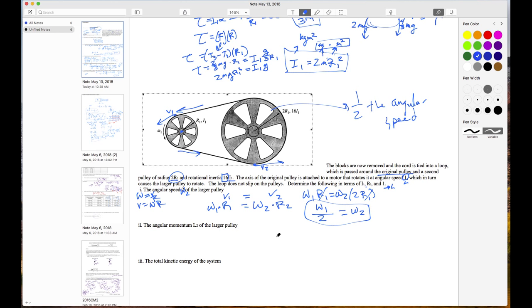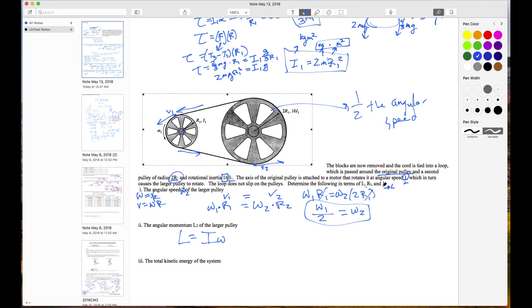Well, the angular momentum can easily be seen to be, we could calculate this a couple different ways, but in general, the way that we're looking at here with the information we have is I omega. We know the I value, and we know the omega value, and we're allowed to use a few different pieces of information here.